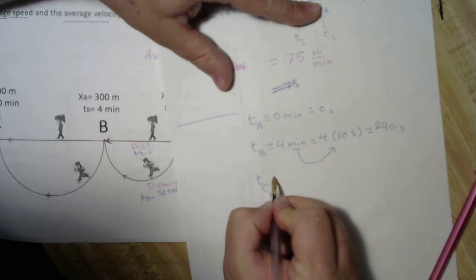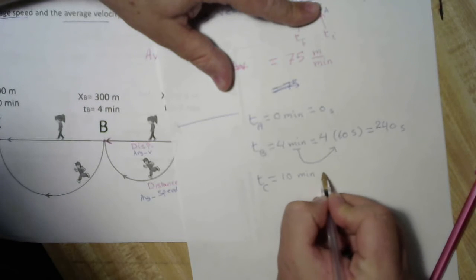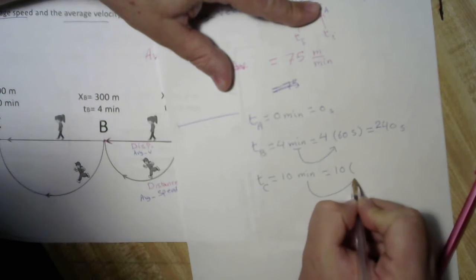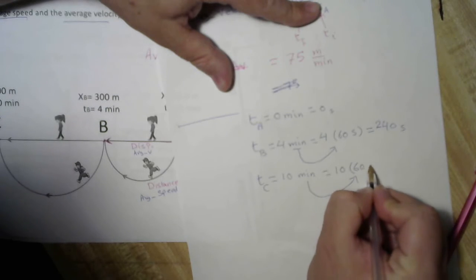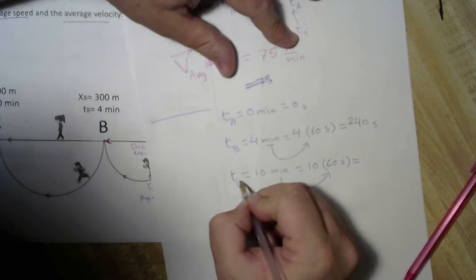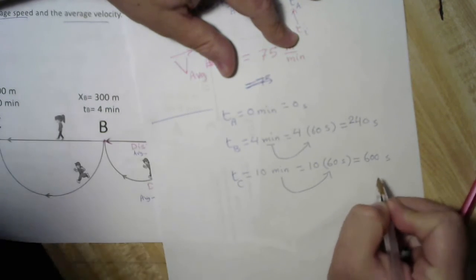TC is equal to 10 minutes, and each minute is 60 seconds, so T at C is equal to 600 seconds.